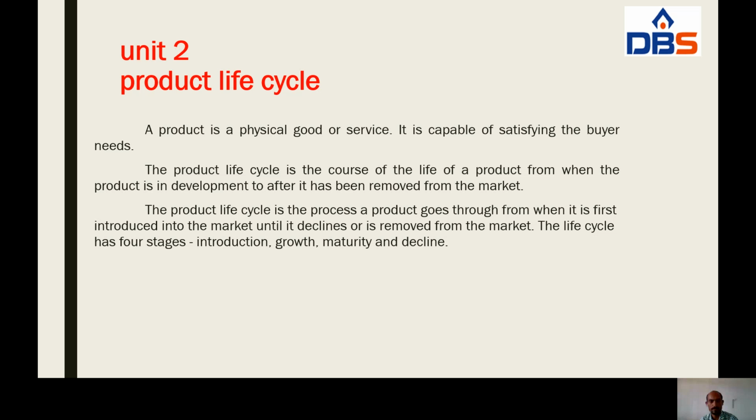These are the product life cycle. A product life cycle has 4 stages, that is introduction stage, growth, maturity, and decline.